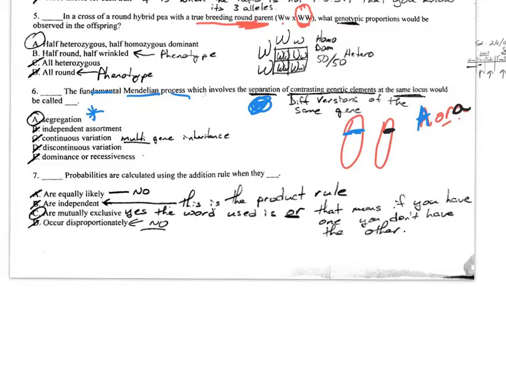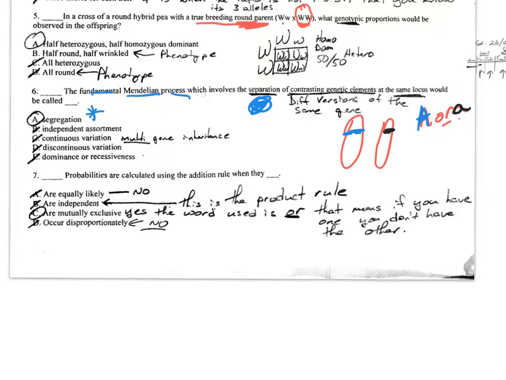And when does that happen? What have you learned that happens? When do we separate the alleles? Well, go ahead. When does that happen? What process? In mitosis, you're right, we do separate alleles. But we separate them evenly, right? But when do we get independent assortment, which means we're not going to separate them evenly?